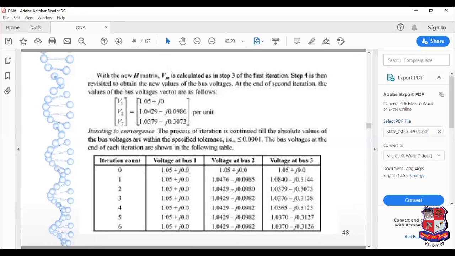So the difference is 0.005 in imaginary terms, while over here the difference is almost 0.0047. After the third iteration, if you read this carefully, the variation is very minor.